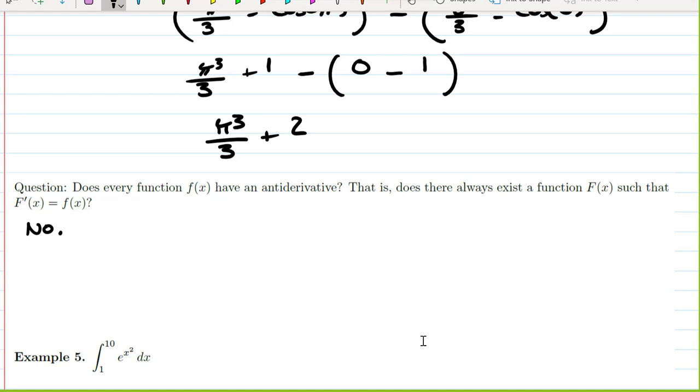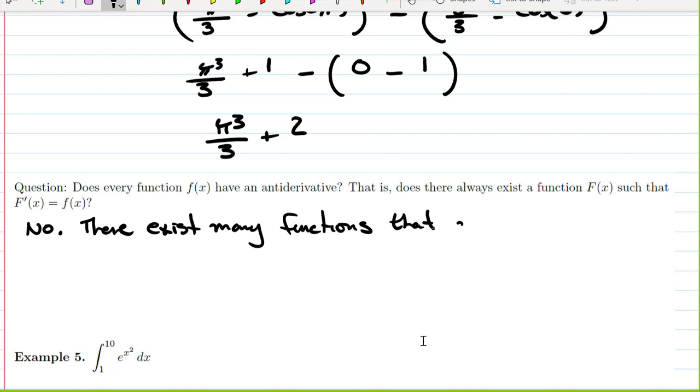There exist many functions that do not have elementary antiderivatives.